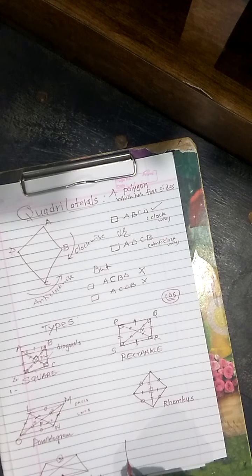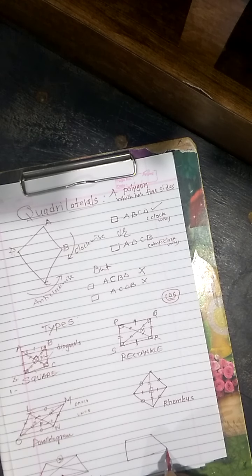Sometimes you can draw this figure. Which polygon does it belong to? It is also a trapezium, because in a trapezium only one pair is parallel while the other is non-parallel.